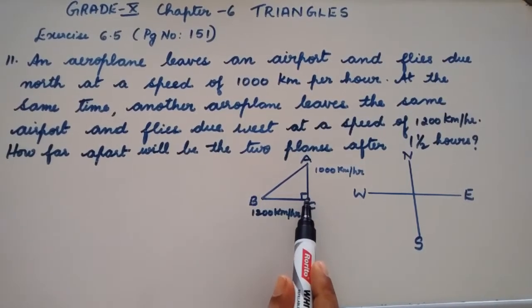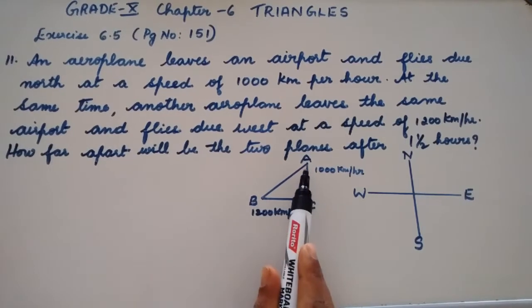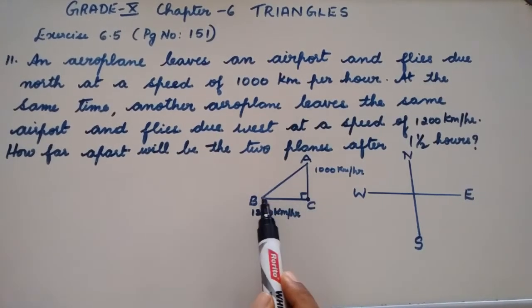First, let us find the distance travelled by the first aeroplane and the second aeroplane in 1.5 hours.